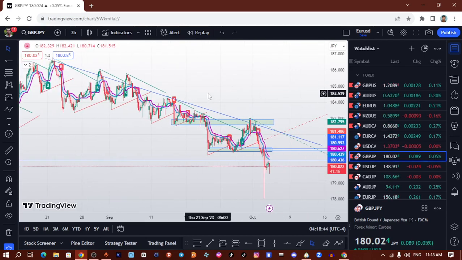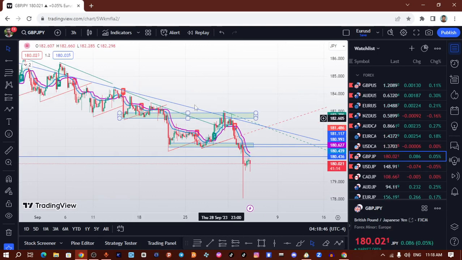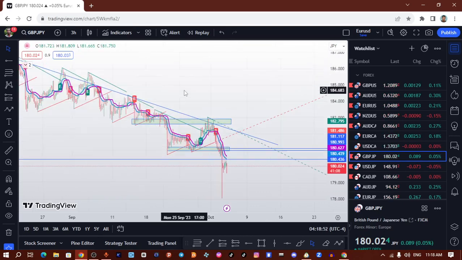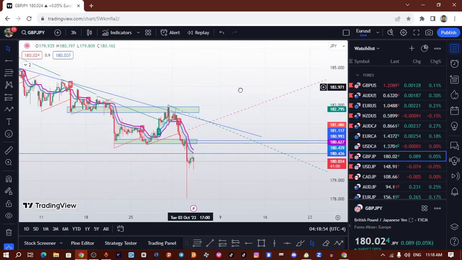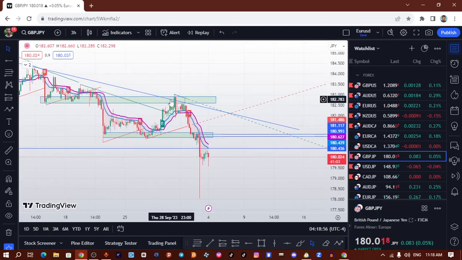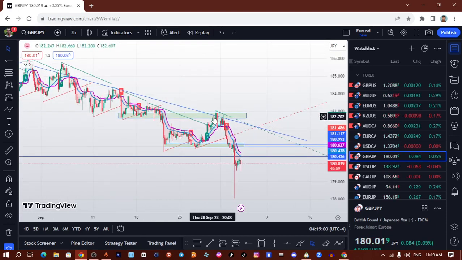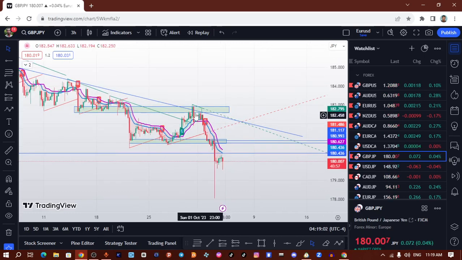So you determine the trend by using a trend line, just like I did right here. Then you have a confluence. One, we have touched the trend line. What is this trend line indicating? This trend line indicates that the price cannot pass this resistance. This is a resistance area.